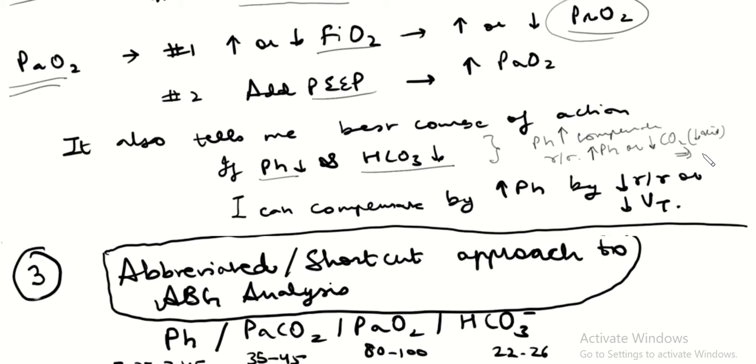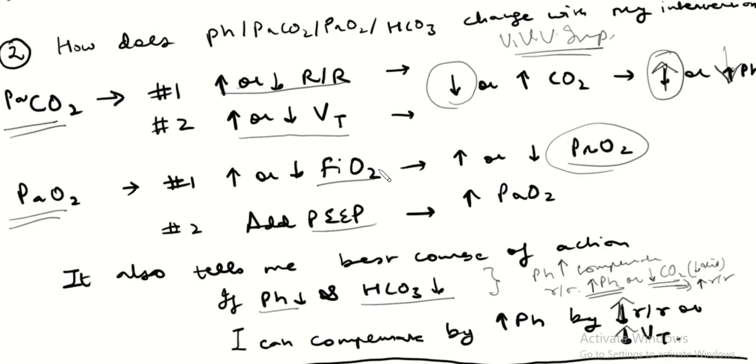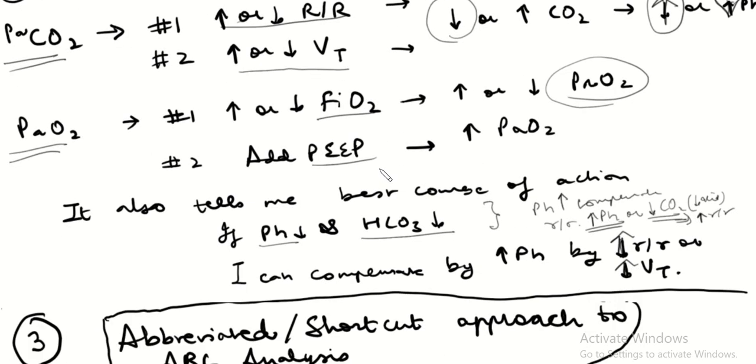How do I go down on my CO2? I increase my respiratory rate and increase my tidal volume. I'll blow off more CO2, and I'll have less acid coming from the respiratory side to compensate for the metabolic acidosis here. Make sure you review and you're able to apply this.